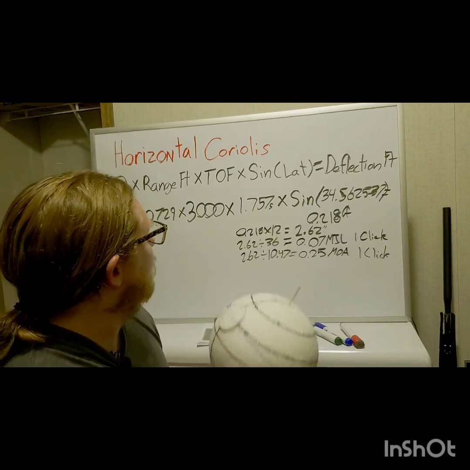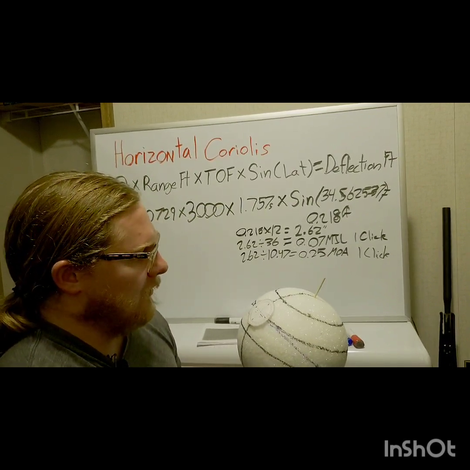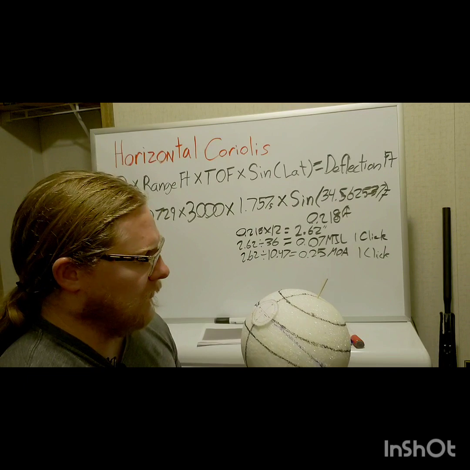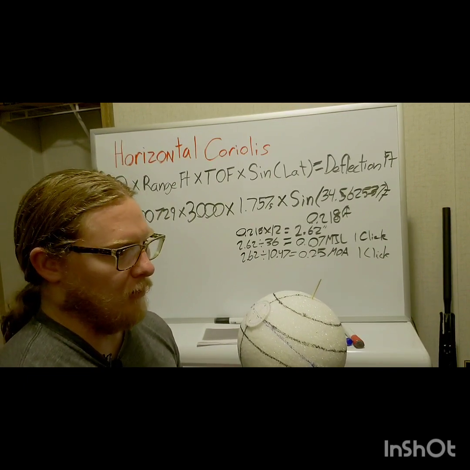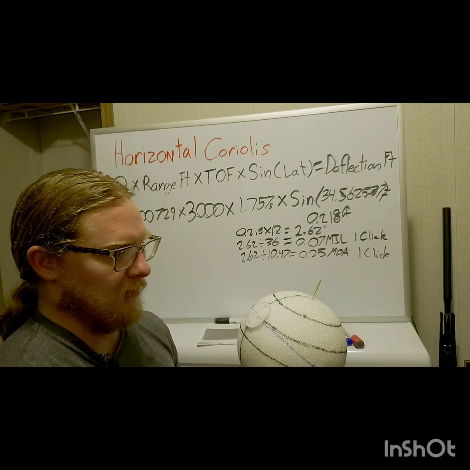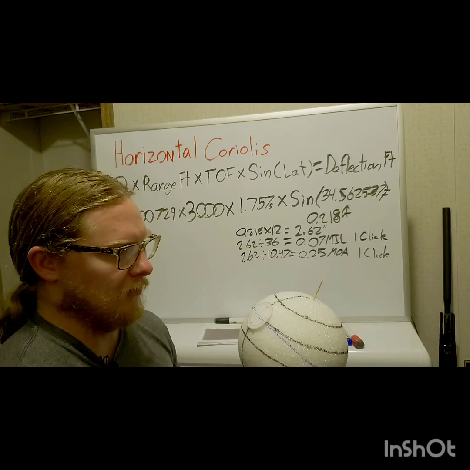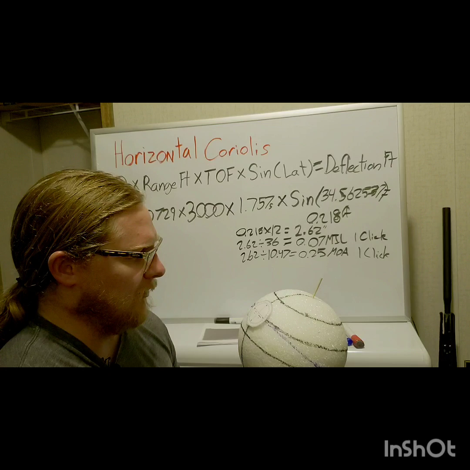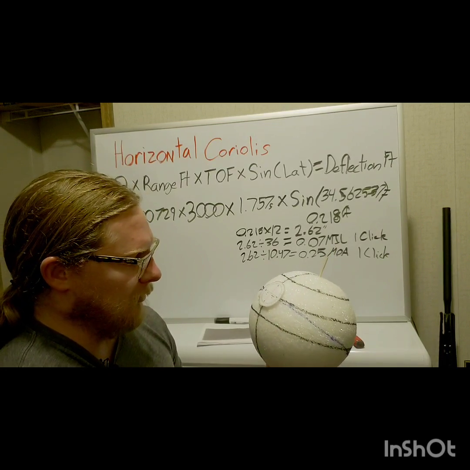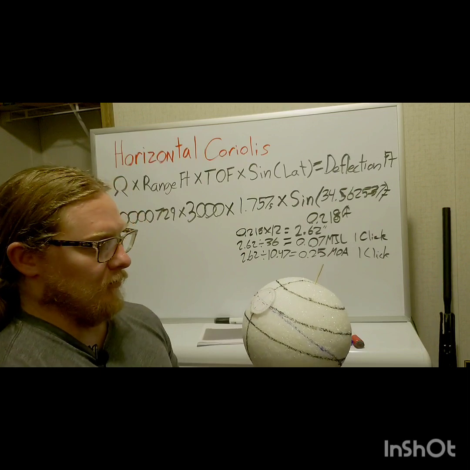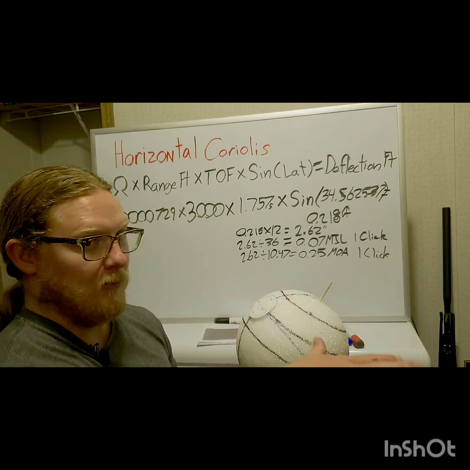When we're looking at horizontal Coriolis, in the northern hemisphere, your horizontal Coriolis deflection is always going to be to the right, and that's independent of whatever direction you're shooting. It doesn't matter. It's always going to be to the right, and in the southern hemisphere, it's going to be to the left, and that has to do with the fact that we are not on a flat plane.